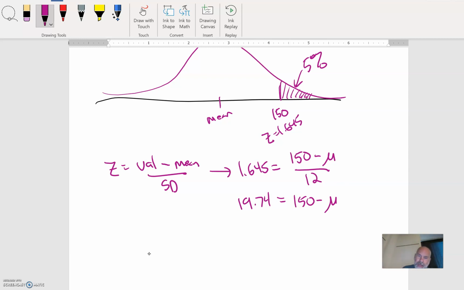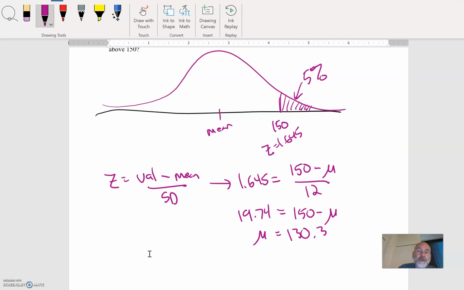Then I could add the mu over to this side and subtract 19.74 over. So 150 minus 19.74 gives me 130.26. I'll round it to 130.3.